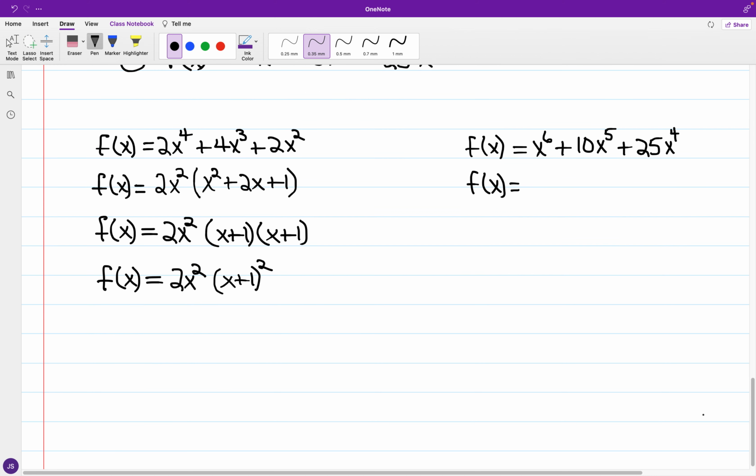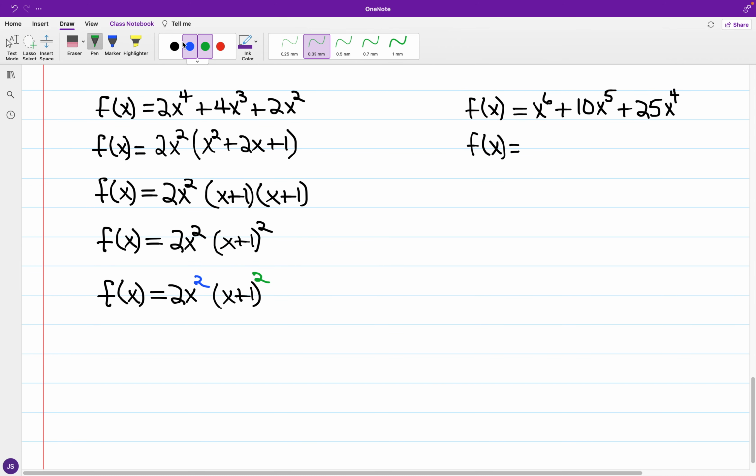Looking at the zeros and their multiplicities, we have f of x is equal to 2x squared times the quantity x plus 1, which will also be squared. So for the zeros and their multiplicities, again we have the x factor, so we have 0.